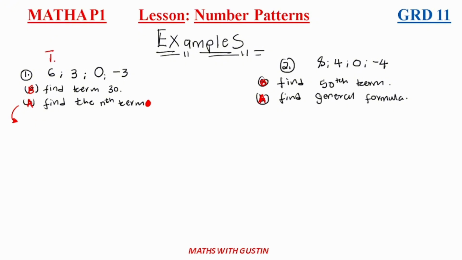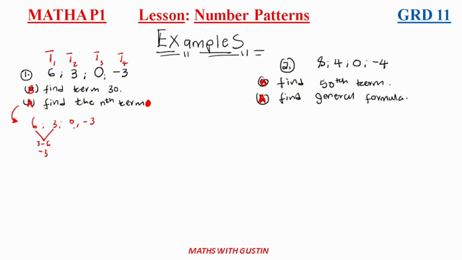We have term number 1, term number 2, term number 3, and term number 4. It says 6, 3, 0, and -3. So we say t2 minus t1, which is 3 minus 6, which gives us -3.